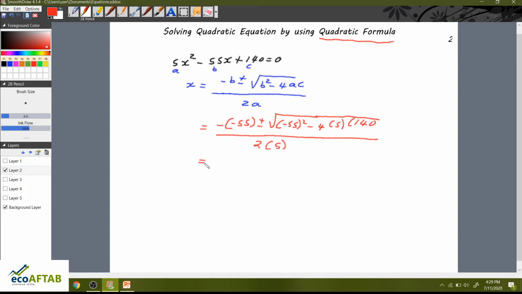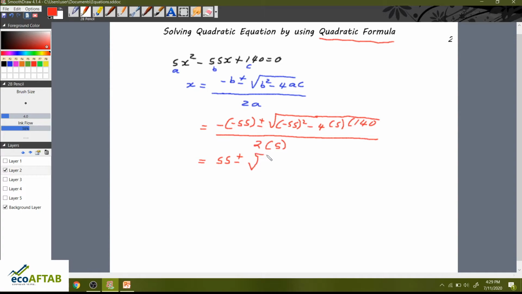So if you see the first case, minus into minus becomes plus, so we have 55 plus or minus inside the square root.